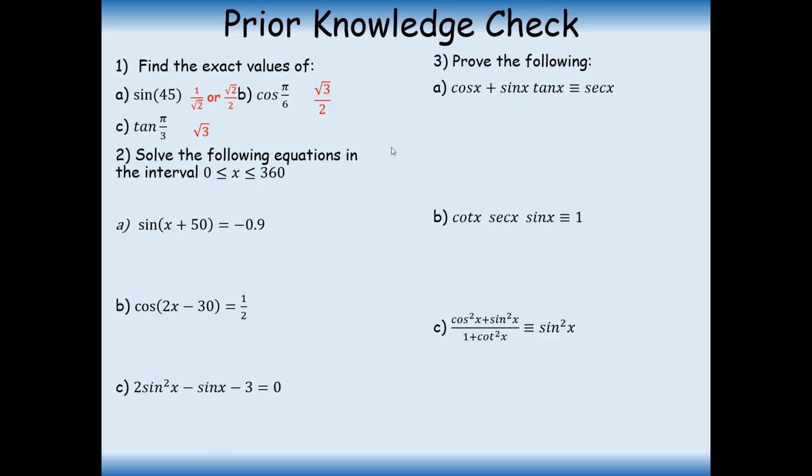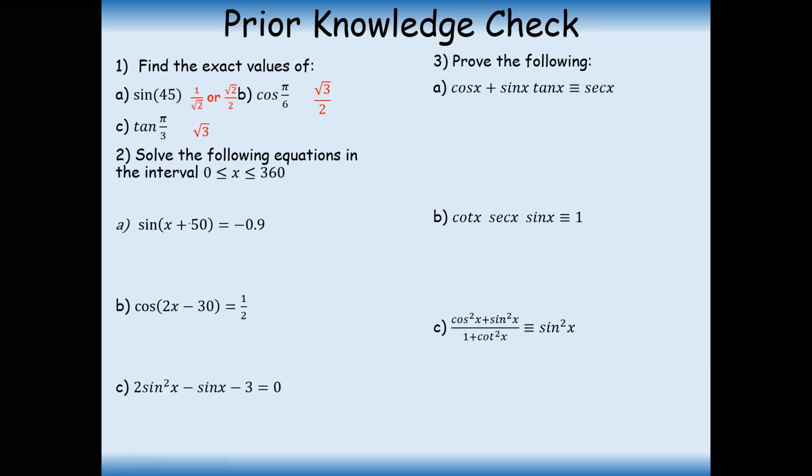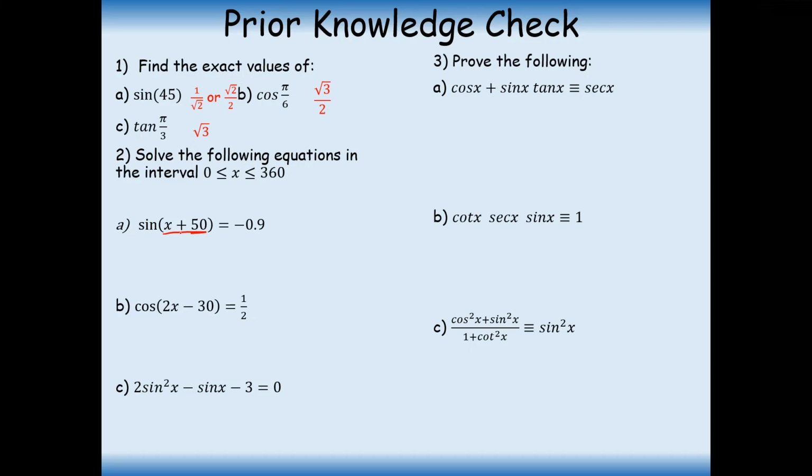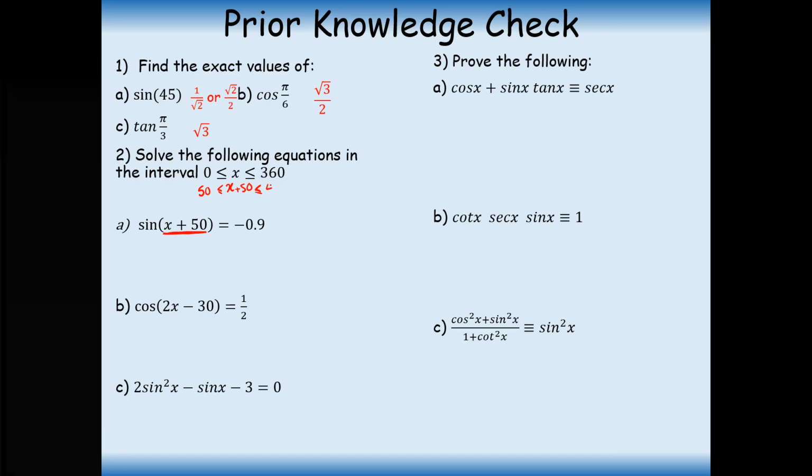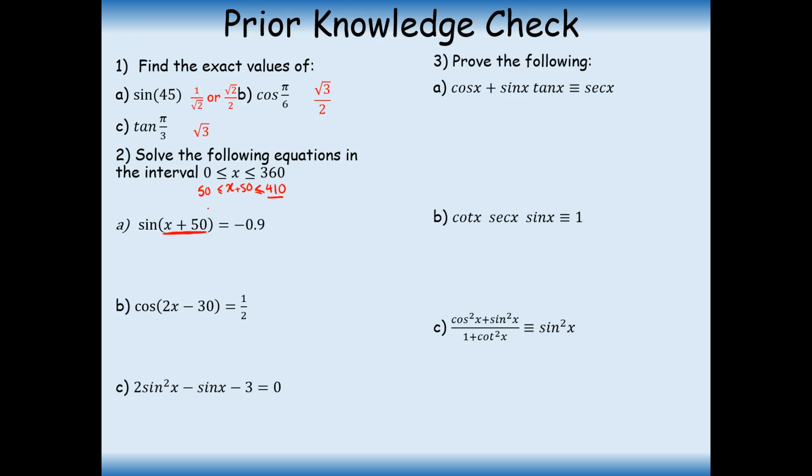Right, so the next question is rather more involved. We have to make sure we look at our range inside the bracket. Sine has x plus 50, so you adjust this range. We added 50 to this x, so we have to add 50 to the left and right hand side of this inequality, and then find our answers.